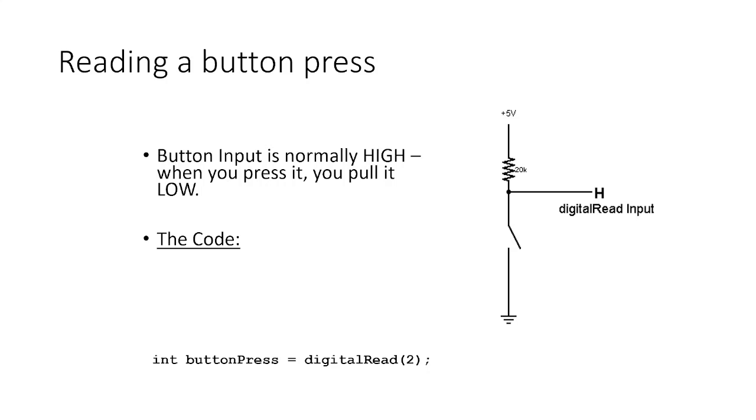As you can see, between the ground and the digital pin, we don't have any resistor. So if we close the button, the switch, it will pass through that instead of passing through the 20 kilo ohm resistor, because there it will be much resisted.